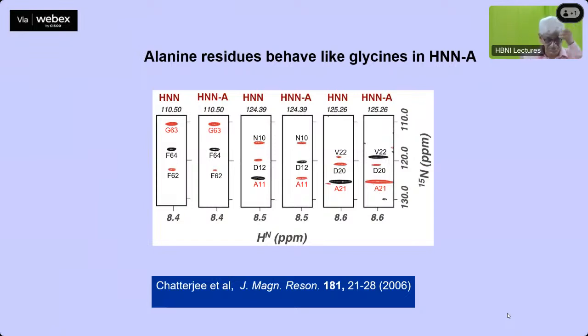So let us continue from where we stopped last time, but I will take a few slides before to do a recap. We have been talking about how to analyze intrinsically disordered proteins, where the chemical shift dispersion is very poor, especially for the NH protons, but the N15 chemical shifts are very good.